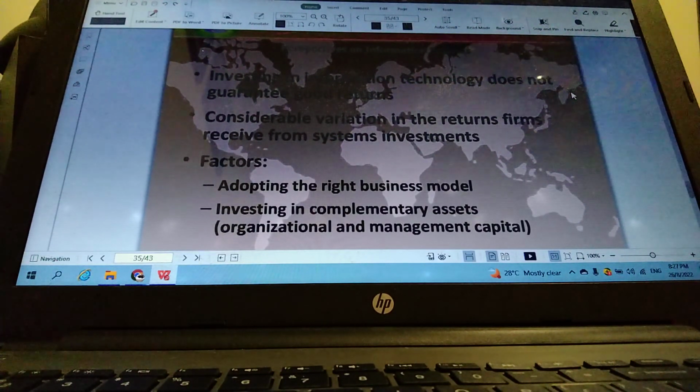Moving on, like what I mentioned earlier, investing in IT does not guarantee good returns, but generally, like what I have explained, yeah, that is the facts. But there are many challenges, limitation to occur along this line, considering variation in the needs of the business, in the return firms receiving from the system investment.